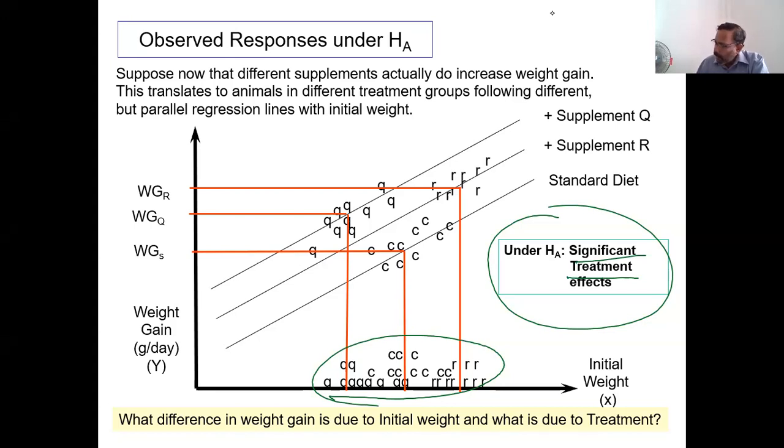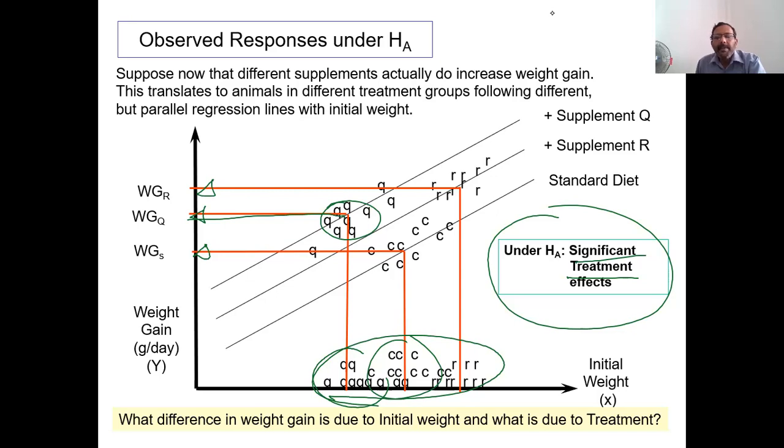You see, we want to develop this. So this is the average weight gain by Q, average gain by the standard diet, average weight gain by the supplement R. So now all these are at three different levels.